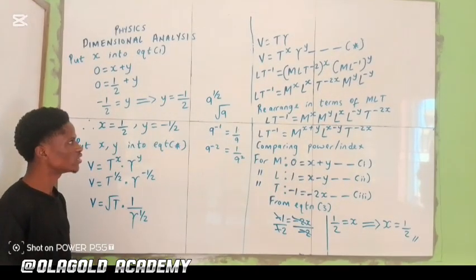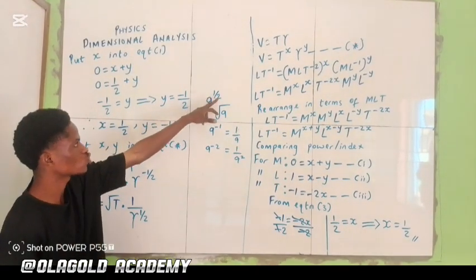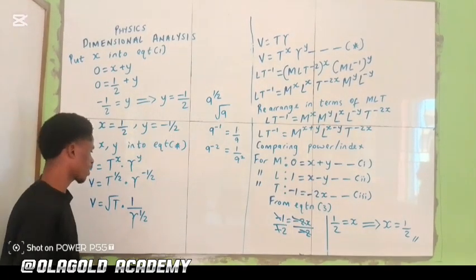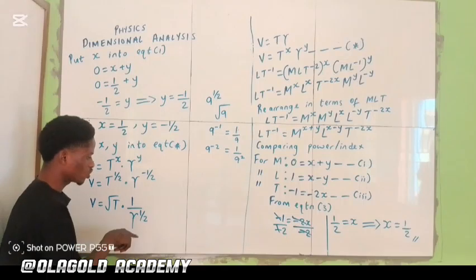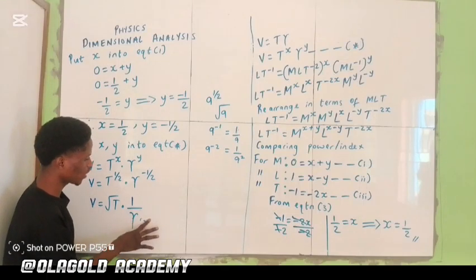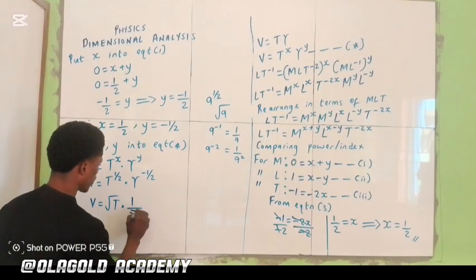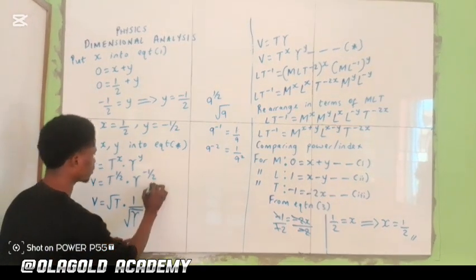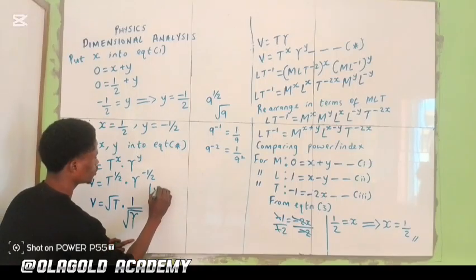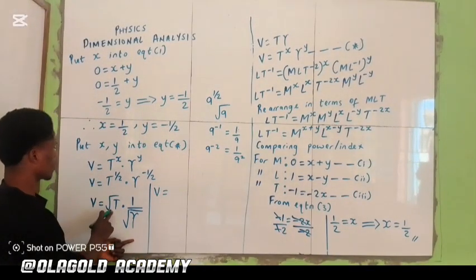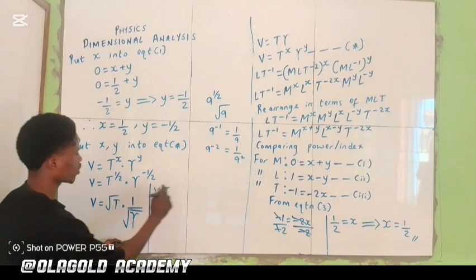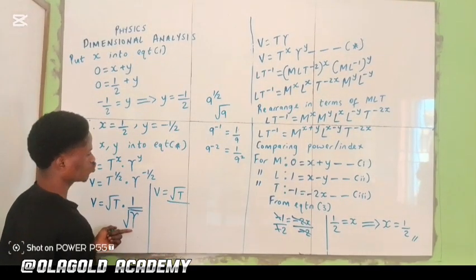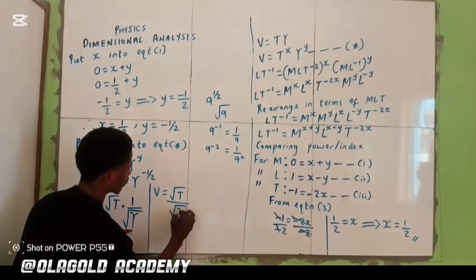Now, we've already established that if you have a raised to the power 1 over 2, it becomes the square root of that particular number or variable. So the power 1 over 2 becomes the square root of gamma. You can have v equal to square root of tension times 1 over square root of gamma, which is square root of tension over square root of gamma.